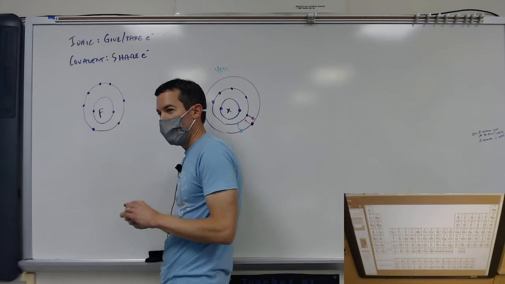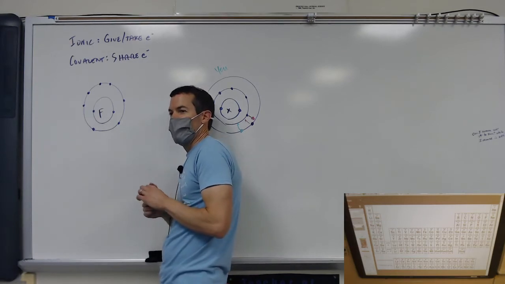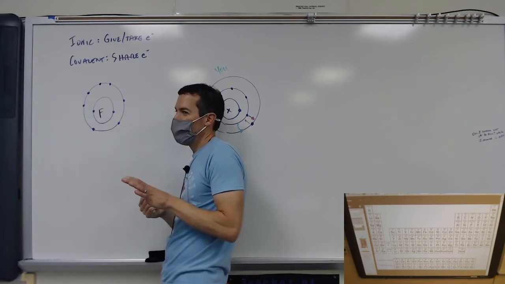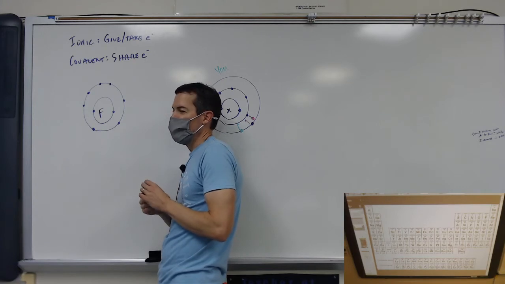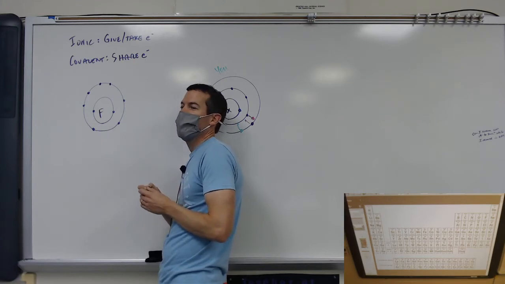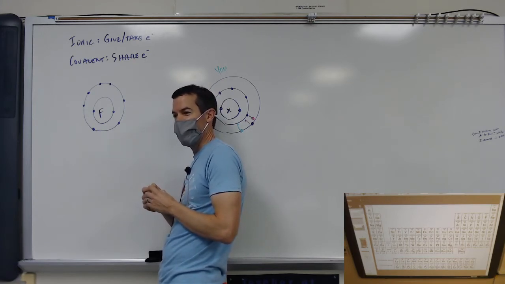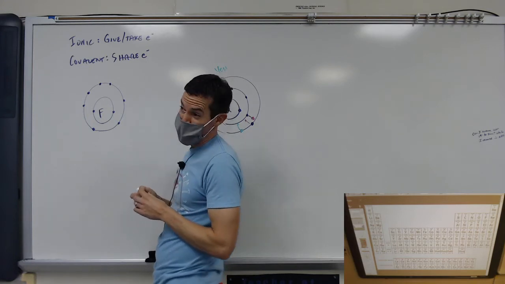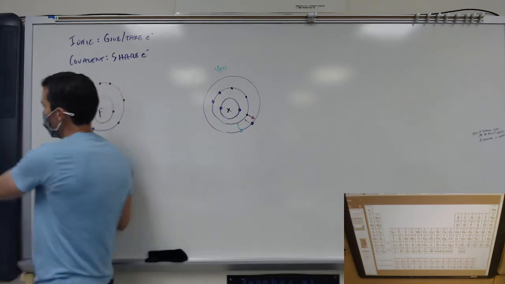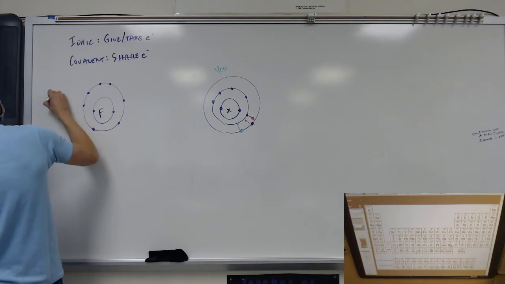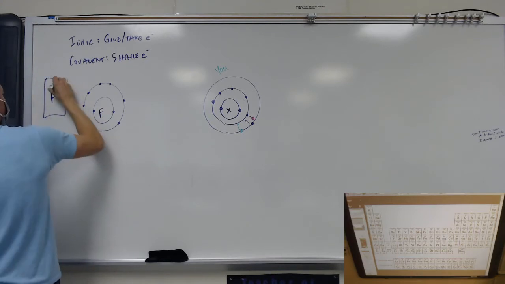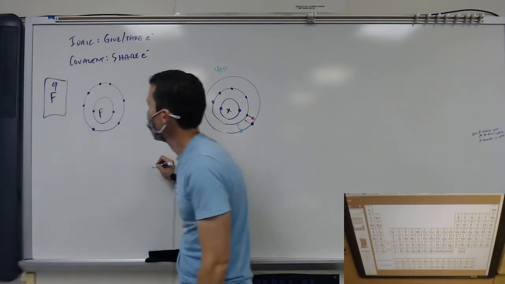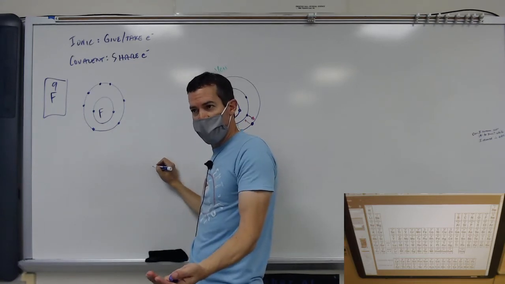So, is fluorine stable? No. Here's the part that's going to bother you. Is it neutral? Yes. But is it stable? No. So think about it. Fluorine has a 9 above it. So how many protons does it have? 9.